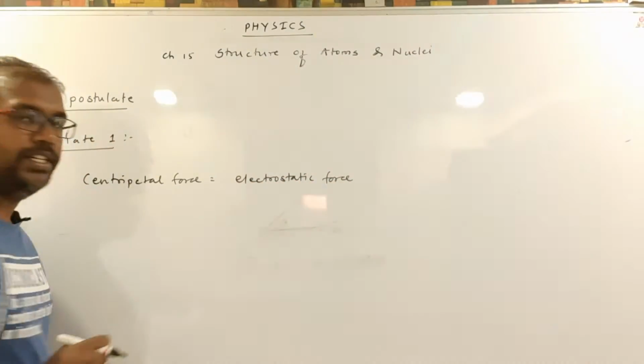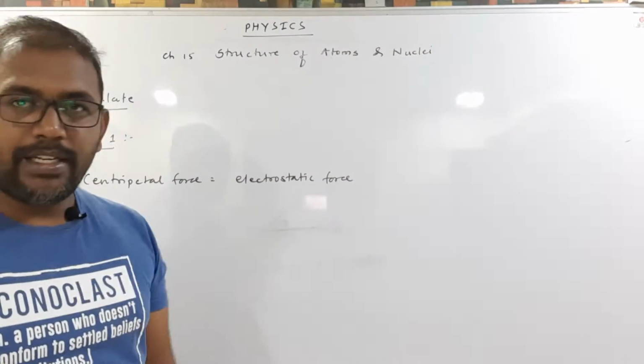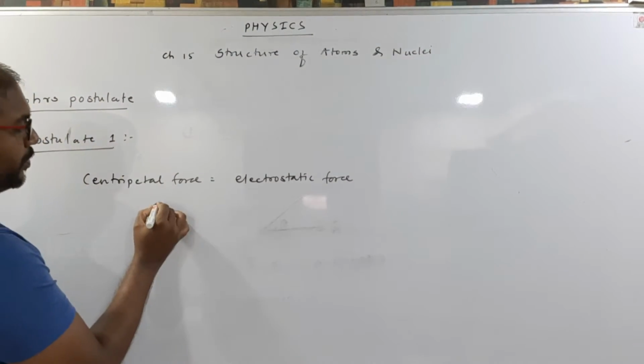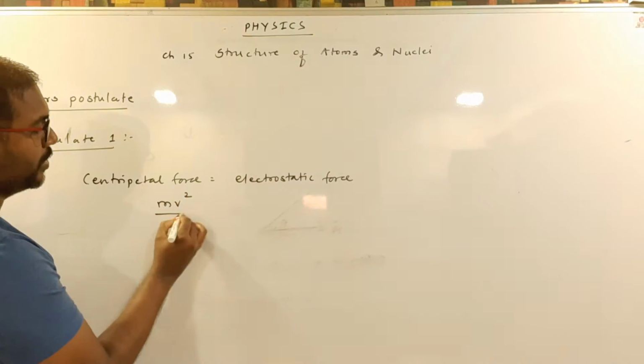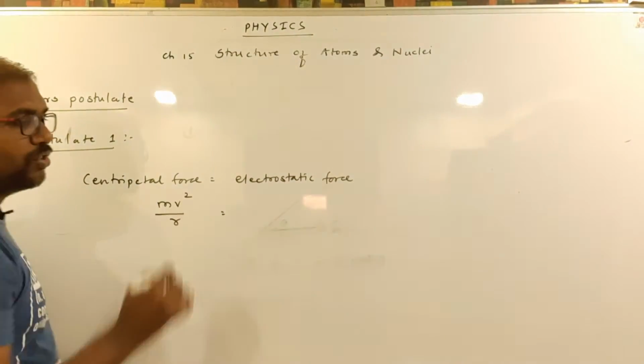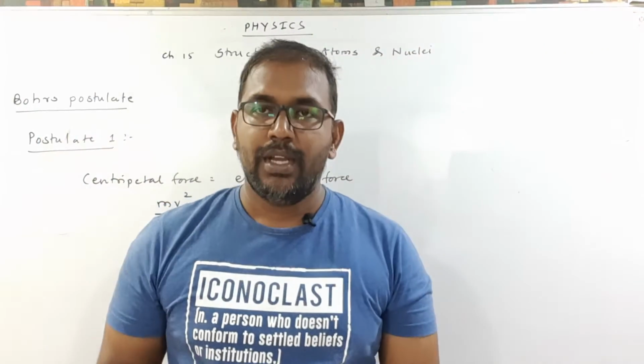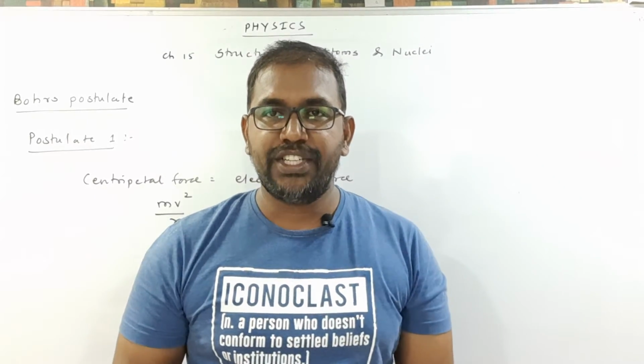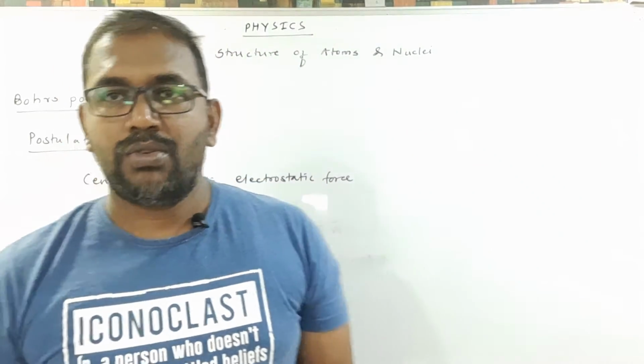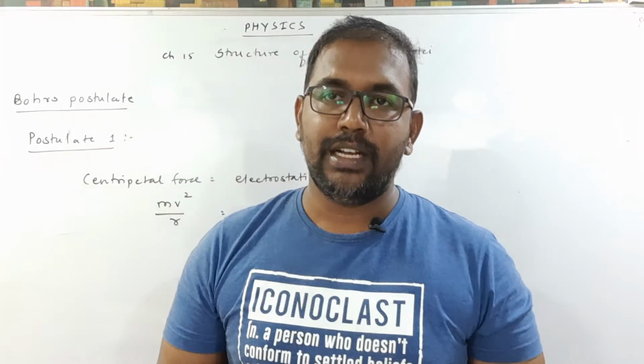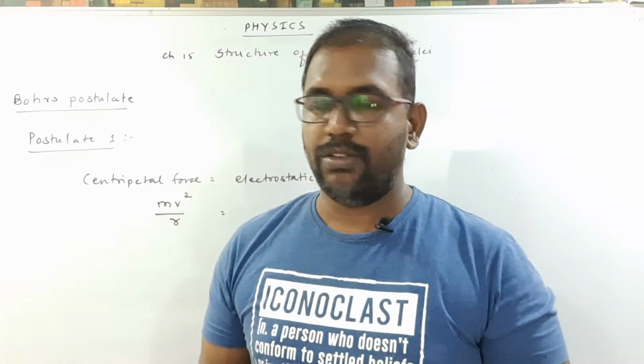So we get this condition. Now I can write the formula for centripetal force. We know the centripetal force is mv square by r. For electrostatic force, I consider here the simplest atom, which is the hydrogen atom, and I write everything for that hydrogen atom.